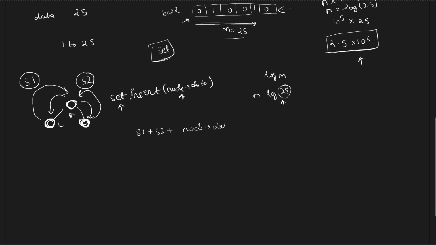This plus operator means I'm going to combine all of those values. If I do this operation, in the current set I'll have all the unique values in the subtree of the current node. So I'm just going to insert the current node data in a new set, and all the values from S1 and all the values of S2. If the size of the final set is less than or equal to k, that means the current subtree is a good subtree.